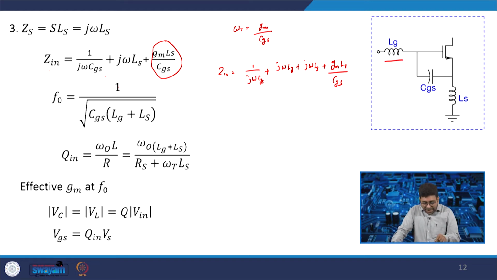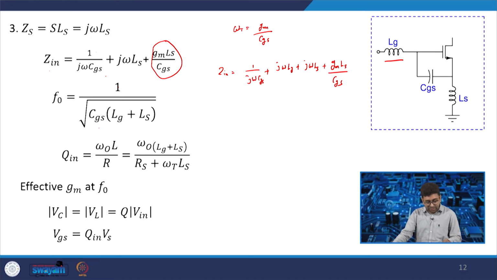Now why did we add an Lg in series? Because Ls is already going to determine the resistance, that is the omega t Ls. Now if we want to have freedom in terms of the tuning frequency, then it is better to use an Lg. So we are connecting Lg in series, and it will help us to do the matching as well.